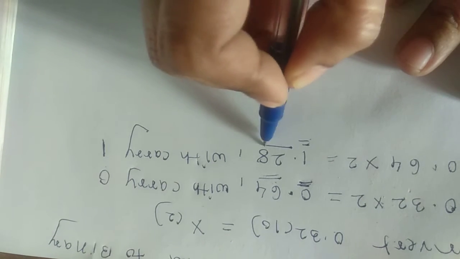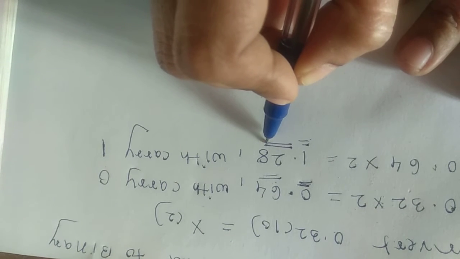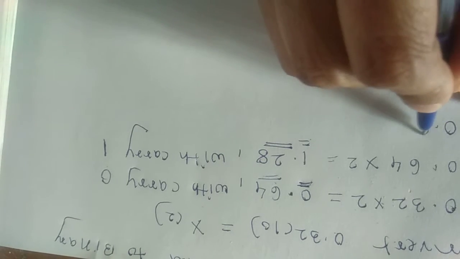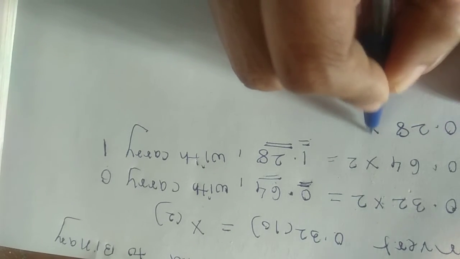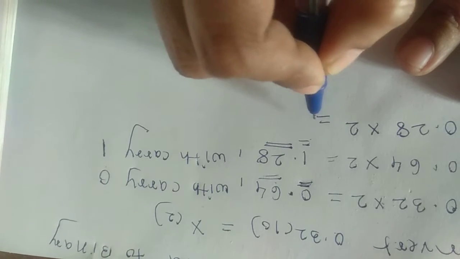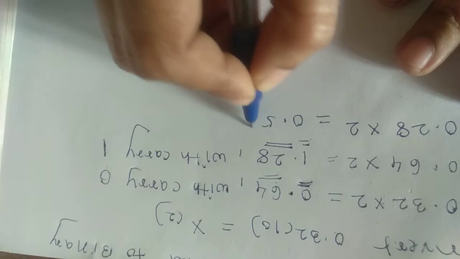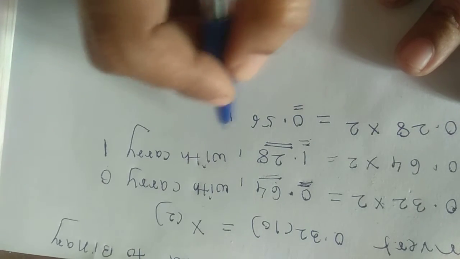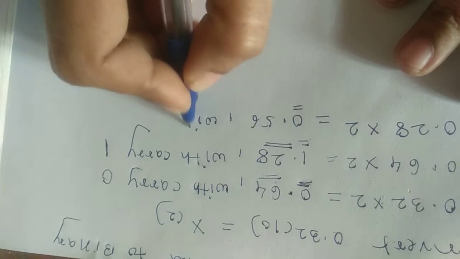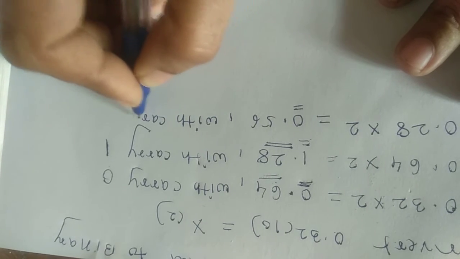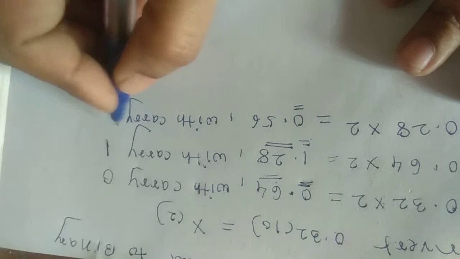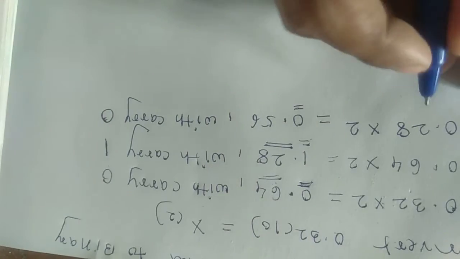Now take this fractional part for the next multiplication by 2: 0.28 into 2 is equal to 0.56. Again the integer is 0, with carry 0. I will write the carry as it is.